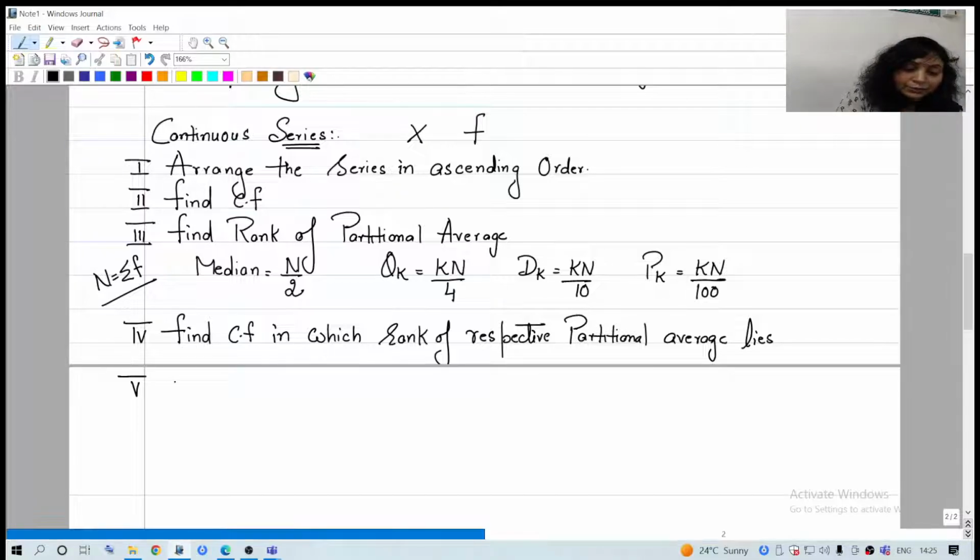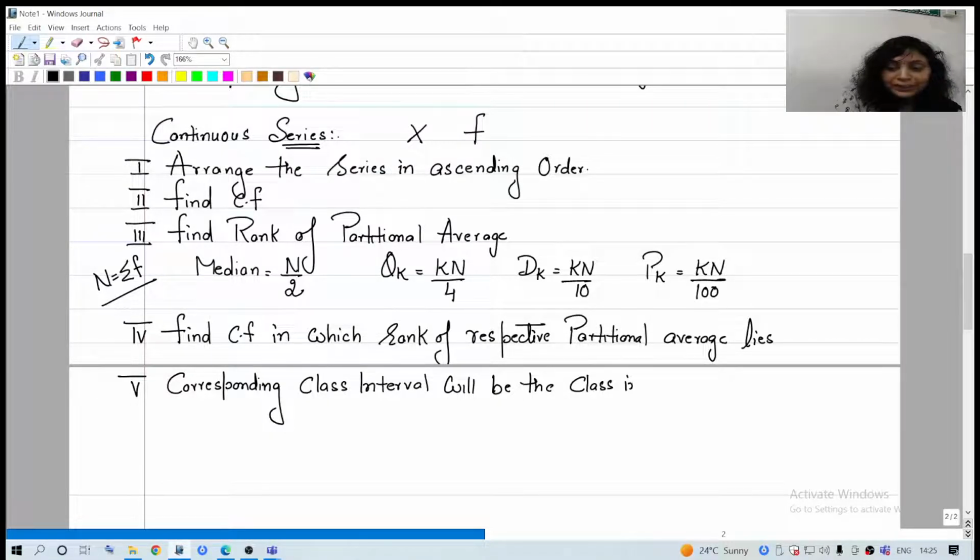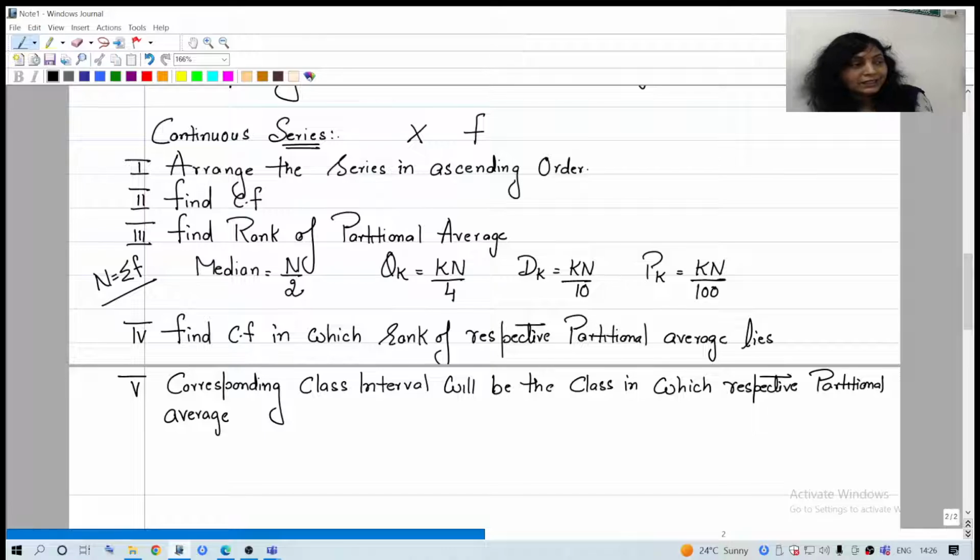But in continuous series, the corresponding class interval will be the class in which the respective partitional average lies. So in case of discrete series, we get the answer at this point, but in continuous series, we won't get the exact answer, we get the class interval in which our partitional average lies.